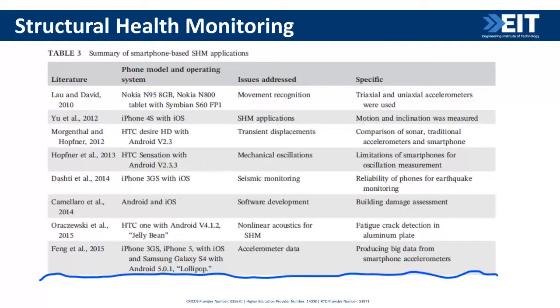We can see for each of them some issues that can be addressed, the problems they are facing nowadays when working with this new generation of technologies, right? So this is the point. When you start working with a new technology, please familiarize yourself with what people are doing globally, right?